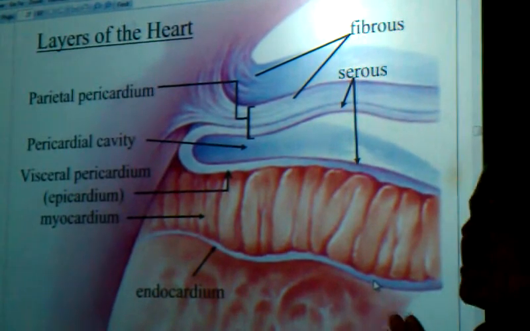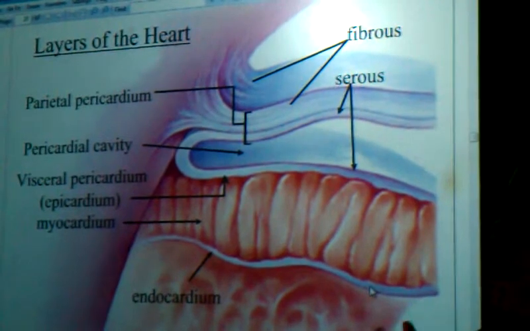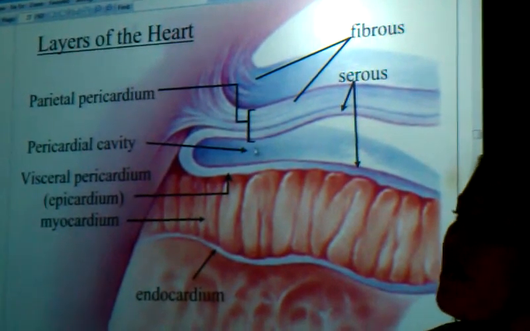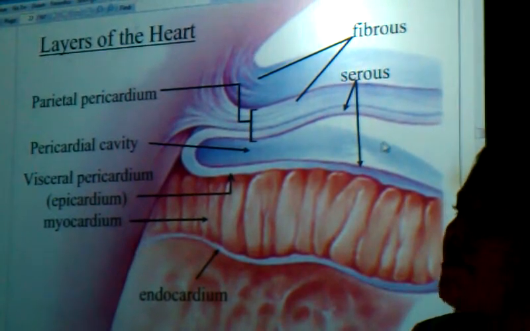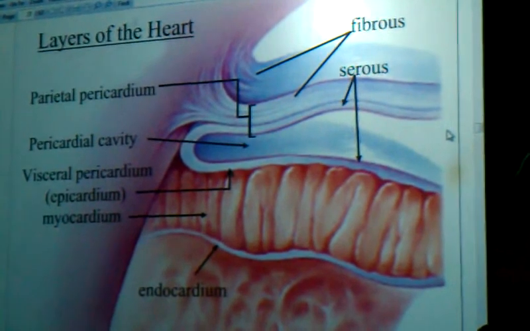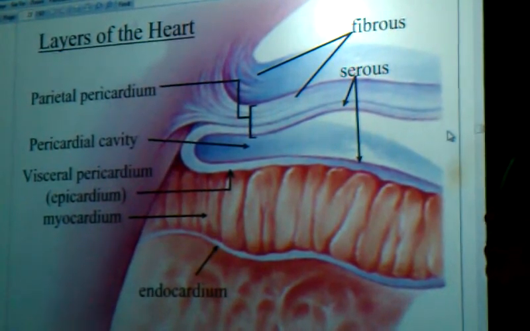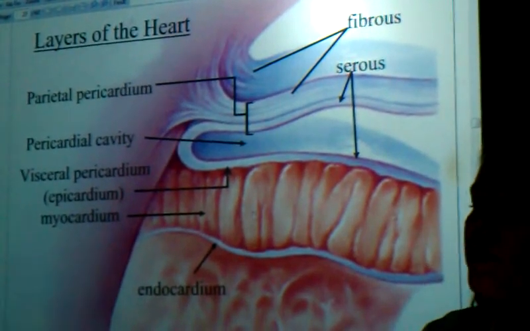And that rubbing together builds up heat. That is friction that builds up heat. Having this serous membrane around these structures, the serous fluid will actually absorb any heat that has built up, and just having the fluid there reduces the amount of friction that can be produced by the movement of these organs.